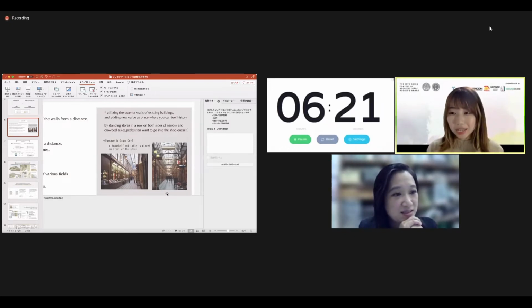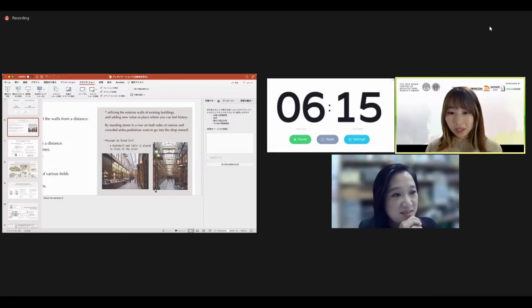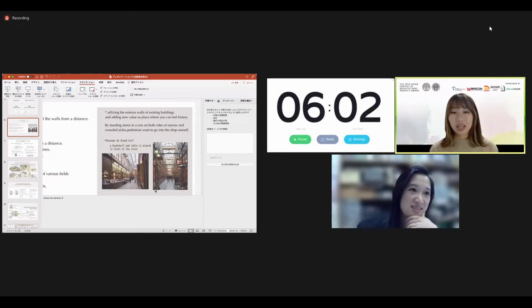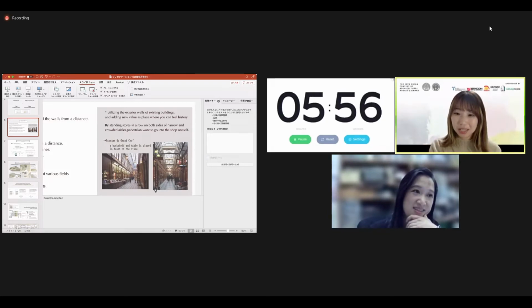I think this is a beautiful proportion, and when you go through the passage, I can't see the door.